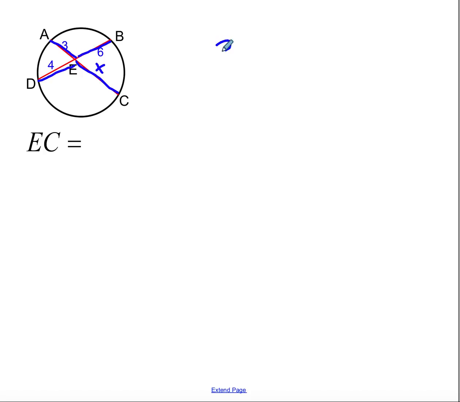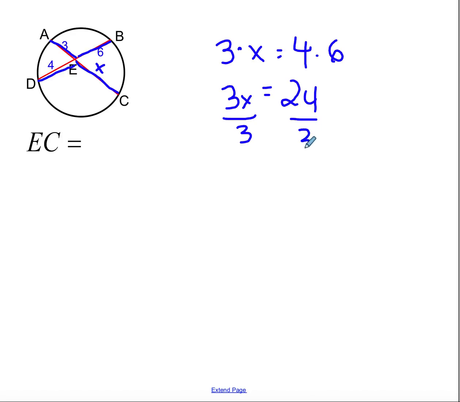This length is 3 times x, because that's this length, equals 4 times 6. 3 times x just becomes 3x. 4 times 6 is 24. This 3 and this x are connected by multiplication, so I need to divide to get it away.